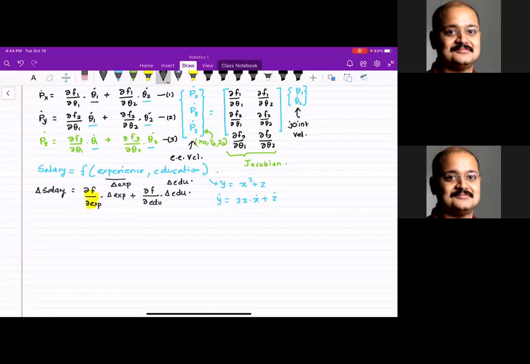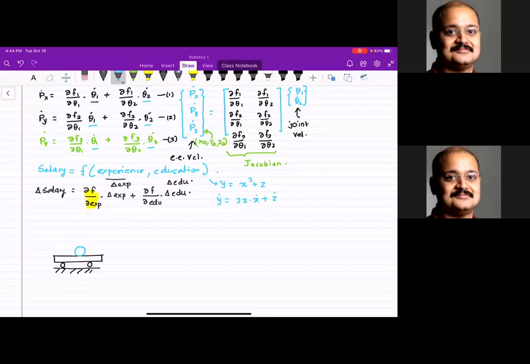Imagine there's a cart and there is a ball on the cart. Now, the cart is moving and the ball is also moving. So let me start with the very first and super simple case.